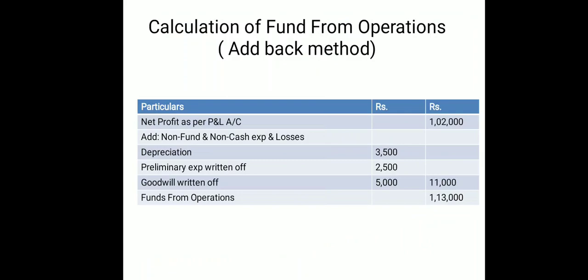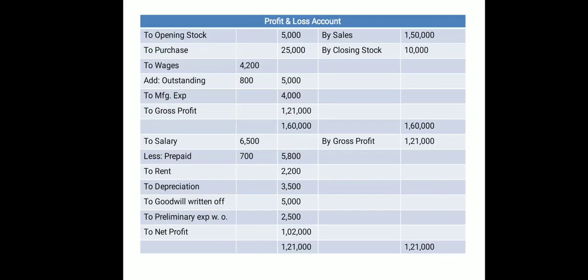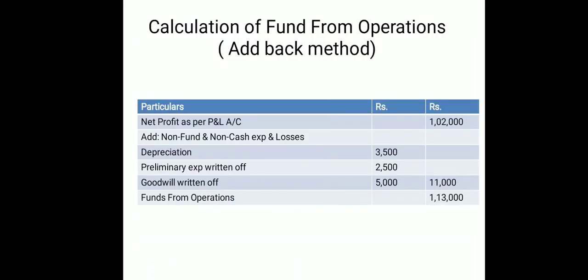Now note that in this question, on the credit side, I don't have any special income or gains which I can consider as non-cash or non-fund. Since I don't have any, I have not taken them while calculating fund from operation under the add back method.